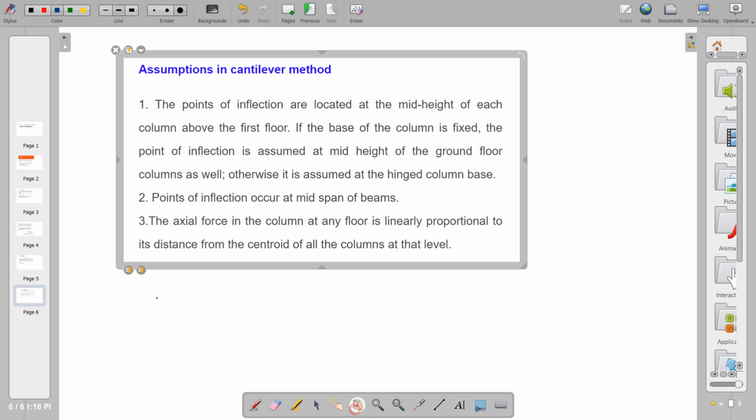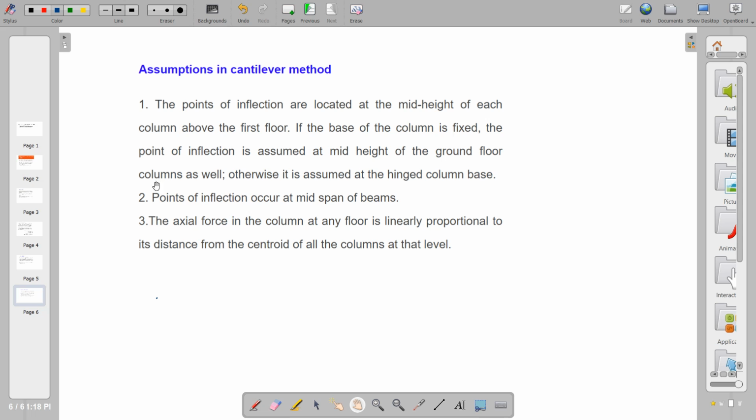So here we have the following assumptions in cantilever method. Just like the Portal method, the points of inflection are located at the mid-height of the column above the first floor. Again, the same assumption: if the base of the column is fixed, the point of inflection is assumed at the mid-height of the ground floor column as well.